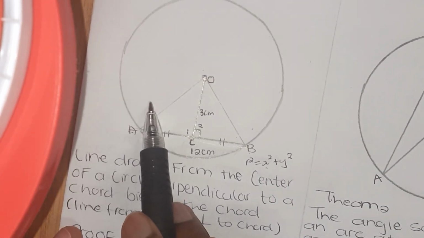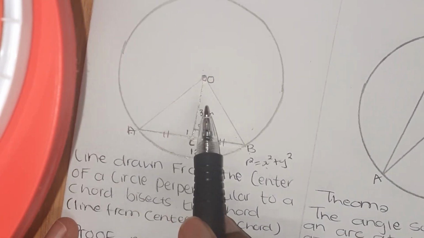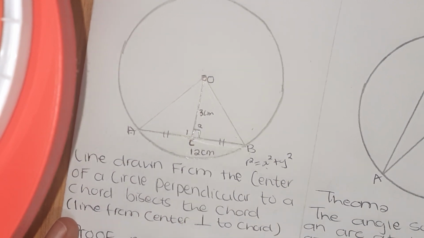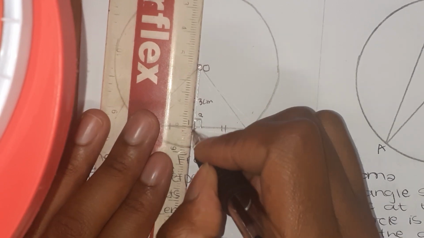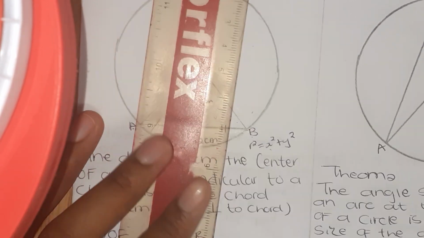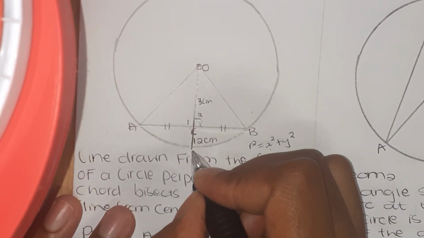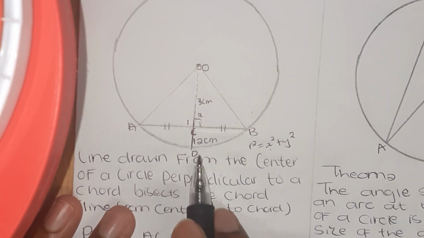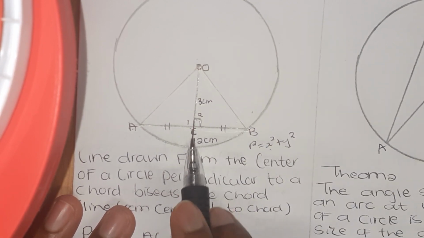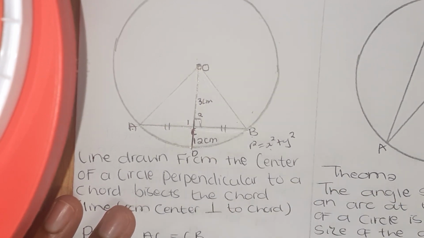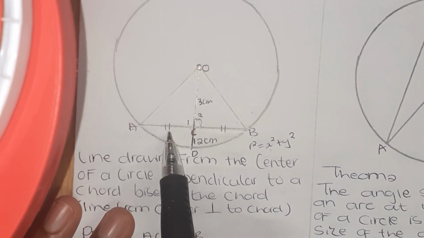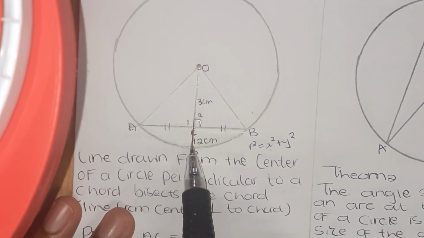Sometimes you'll be given this radius, and then this whole thing is extended like this, and then this is C, and then you find that this is maybe D, and you have to find the length of CD. You are given this part, and you have to find this.